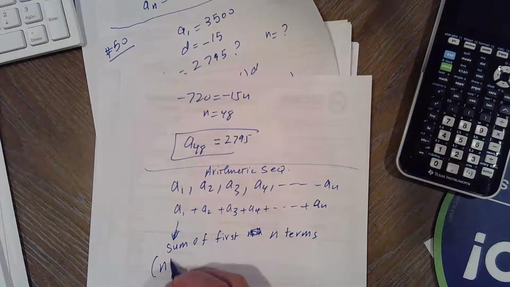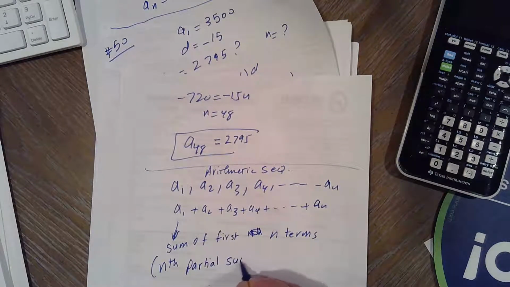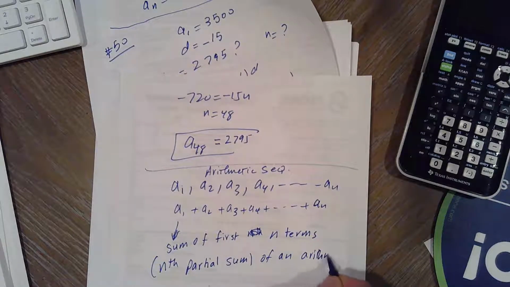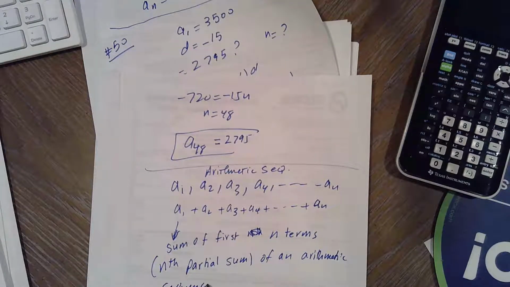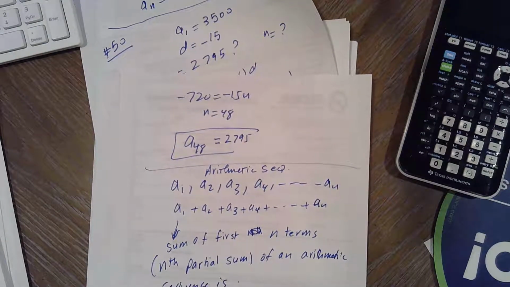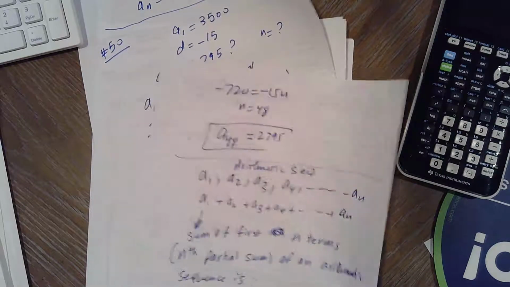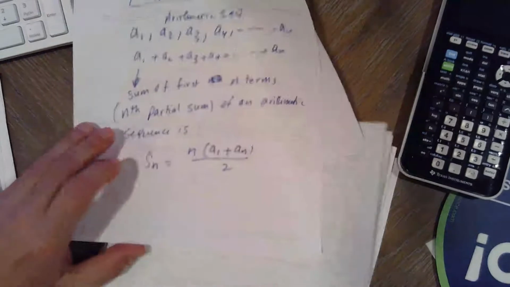It's called the nth partial sum of an arithmetic sequence. Sn is n, the number of terms you're adding, times the sum of the first and the last, divided by 2. But it's not hard to prove this.